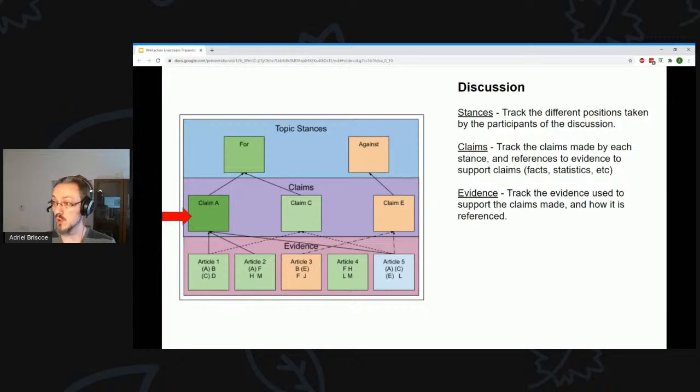But whereas if most or all the information you're using to support your claim or your stance is either not reviewed or of suspect quality for the evidence itself or it being referenced, then you would start to see that reflecting negatively on both the stance and the claims.